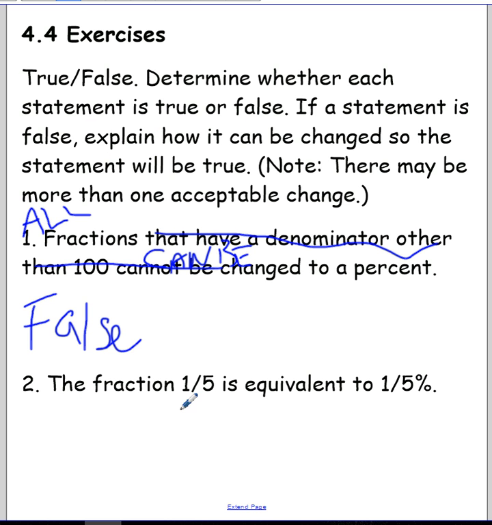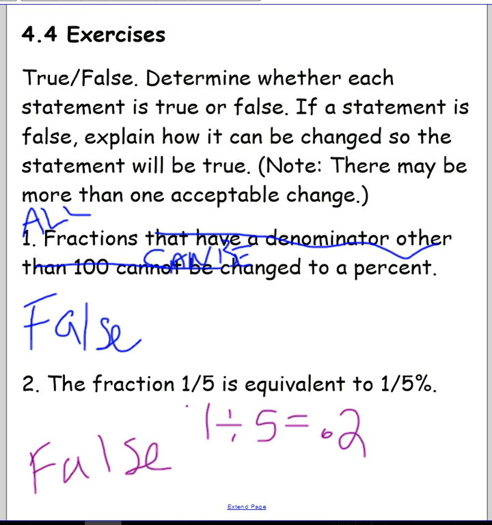The fraction 1/5 is equivalent to 1/5%. So we talked about just taking away the percent sign, and that does not work. But let's see what percent is equivalent to 1/5. So if we do 1 divided by 5 in the calculator, that'll give us 0.20, or 0.2 actually.